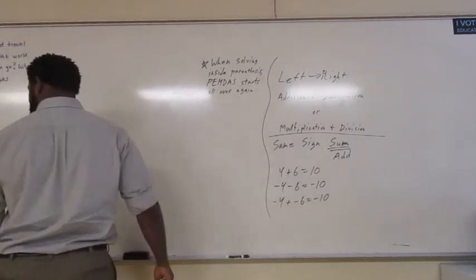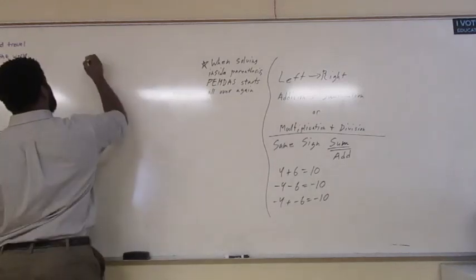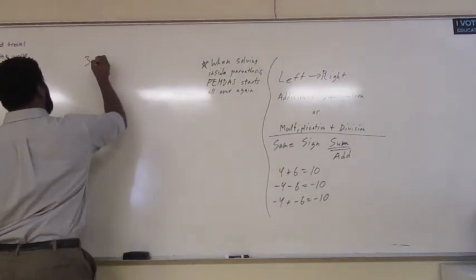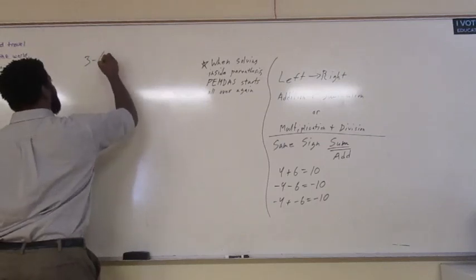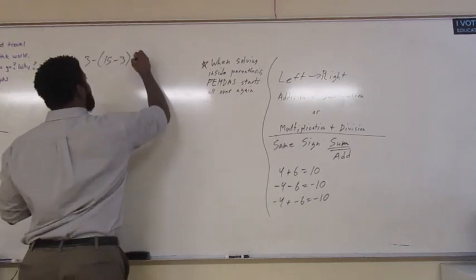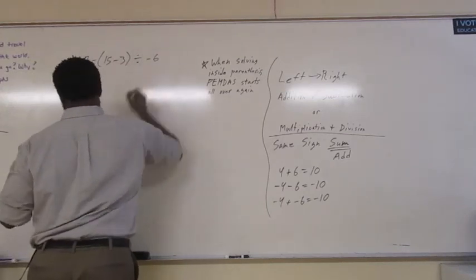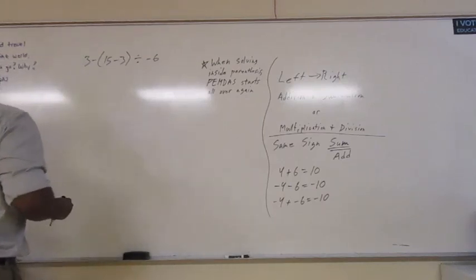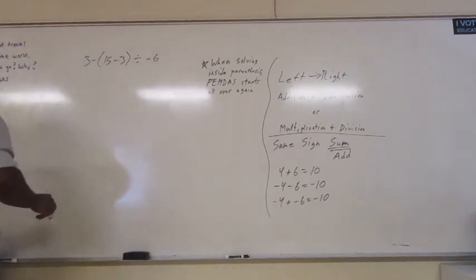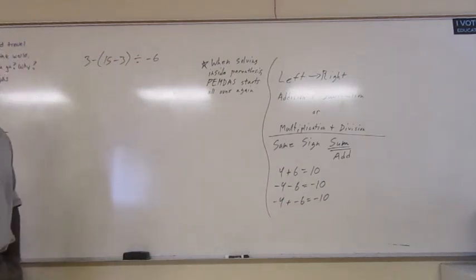All right? So, we have, let's say, 3 minus parenthesis 15 minus 3 divided by negative 6.